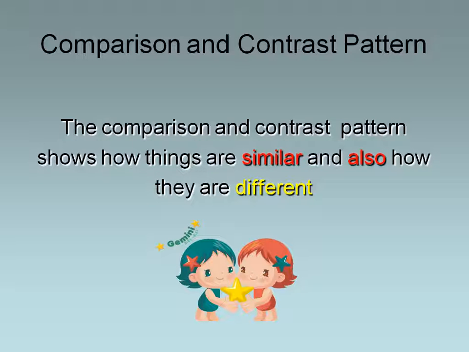The comparison and contrast pattern, in which the two basic ways of organizing ideas, comparing and contrasting, are combined, is often used by authors when writing an explanation, a description, or an analysis.